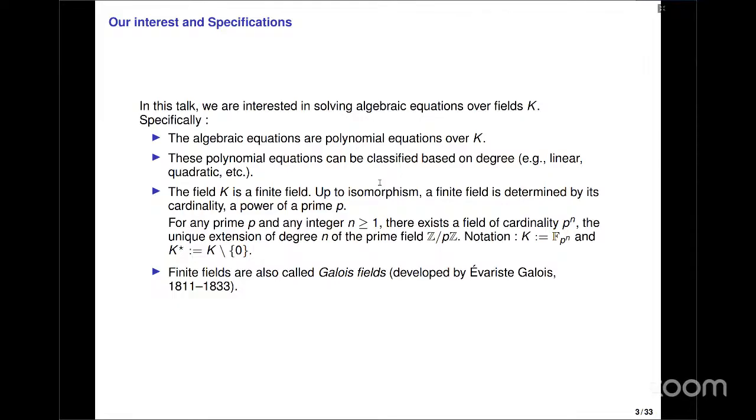It's not a specific polynomial equation, and it is over a field, and the field here is a finite field. A finite field has a finite number of elements, and we know that this number is necessarily a power of a prime, and we know how to construct it by taking the polynomial over the prime field, unique up to isomorphism.